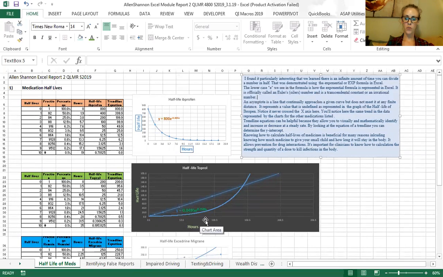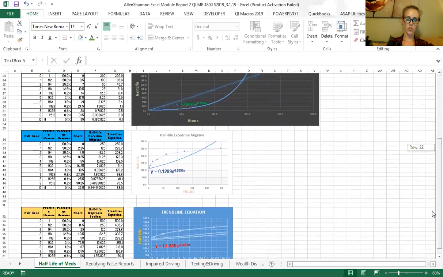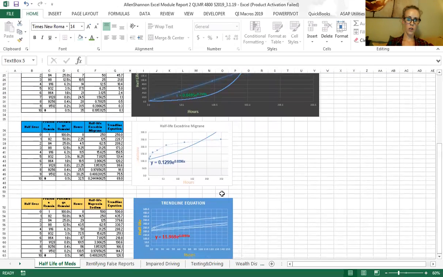It allows prevention of drug interaction. It's important for clinicians to know how to calculate the strength and quantity of a dose that kills infections in the body. So you can see the other two graphs I made here have similar data and similar graph lines. Trend line equation right here.